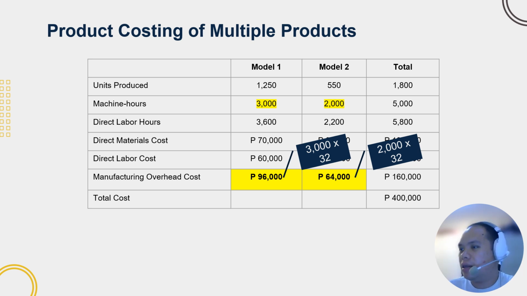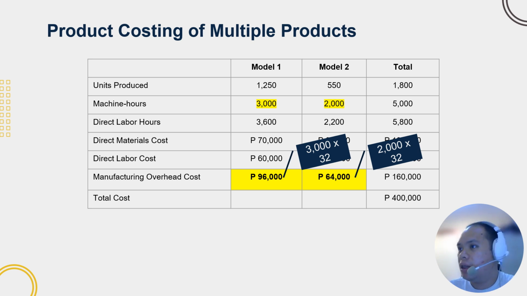So, asa gikan ni 96,000 sir for Model 1? Since we have 3,000 machine hours, we multiply that by our predetermined overhead rate of 32 pesos. So makuha na nato ang 96,000 na manufacturing overhead cost.